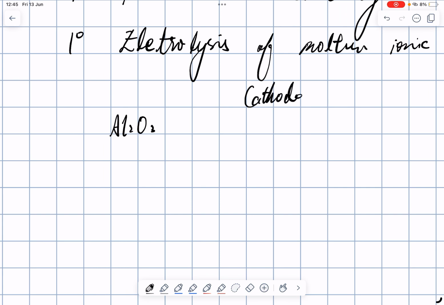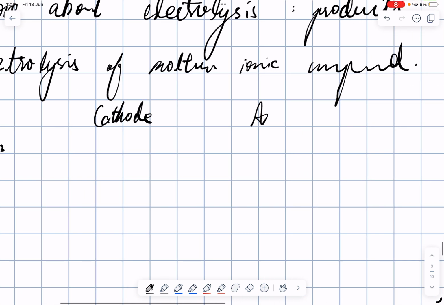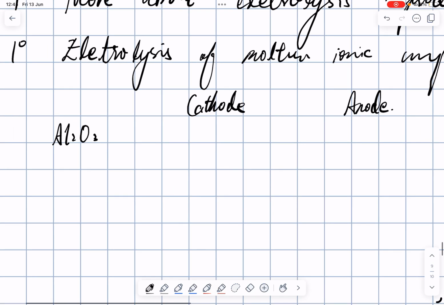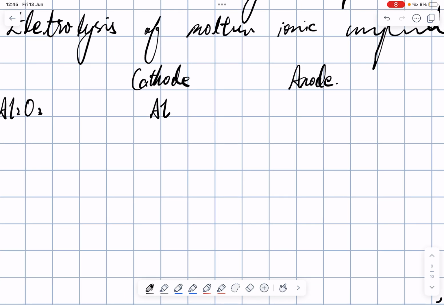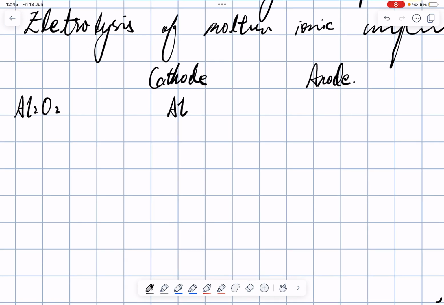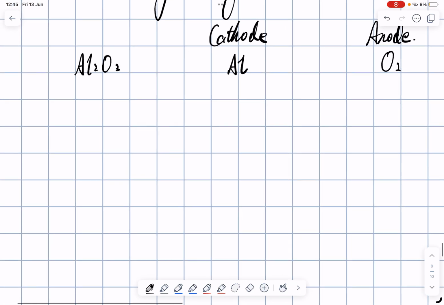We put the cathode here and the anode here. We all know that cations go to the cathode, so here we can get aluminum, and anions go to the anode, so we get oxygen gas here.